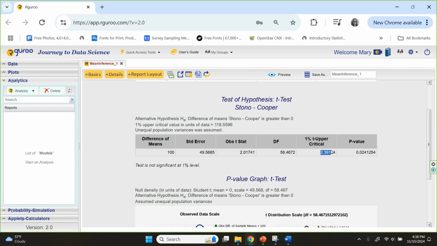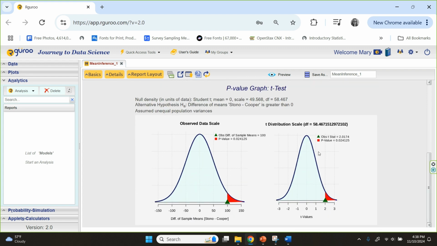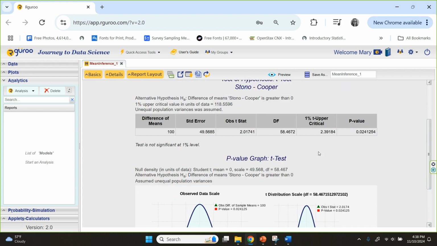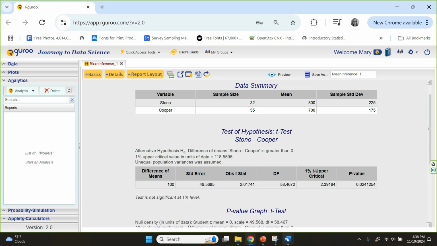We got a test statistic of 2.39 and a p-value of 0.024. So we'll take a look here. If we want to look at some graphs, it's down here. But I want to take these two pieces of information over and do a little decision.